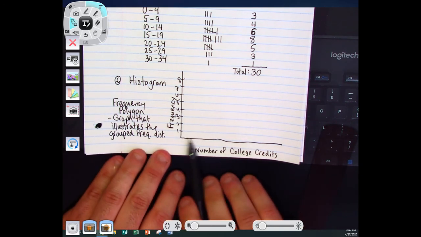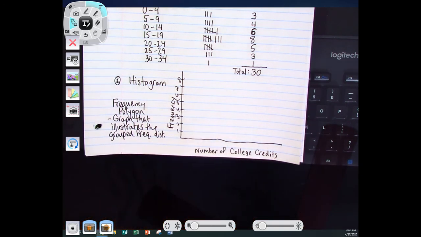If I go 0 to 4, 5 to 9, 10 to 14, the problem is the polygon will not be able to be formed because the bars will be a little different.